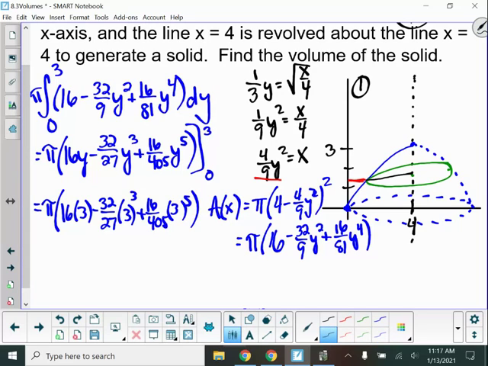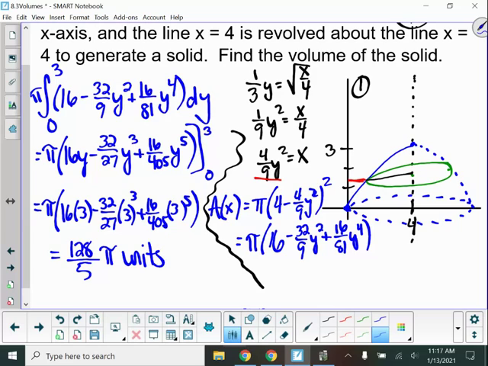Let me separate these out so I don't get confused with that. And then you do some algebra, you simplify that, you have the pi in here. So you end up with the fraction 128 over 5 pi, and this is going to be units cubed.